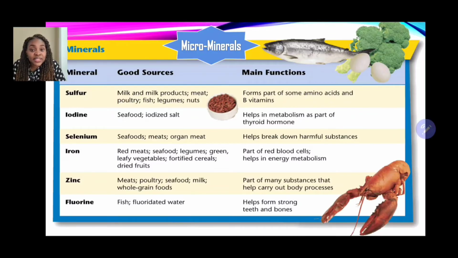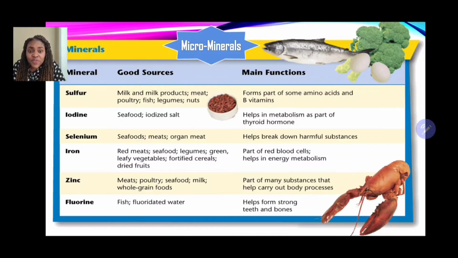And after processing, these nutrients are added, right? So we may have fortified with iron, fortified with vitamin D or vitamin A, right? Also, another important source of iron is dried fruits.